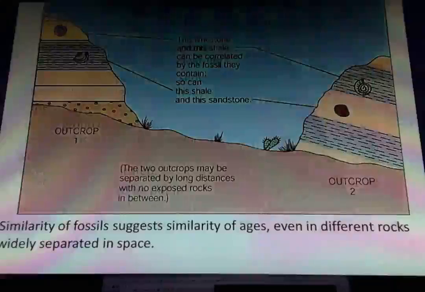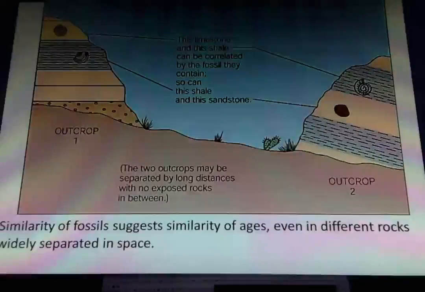But when we get a situation like this, where you can have two different outcrops sticking out of the ground, but they are very, very far apart, and there are no exposed rocks in between them. And people come along and they analyze the layers that are within this outcrop of rock. So the limestone and the shale can be correlated by the fossils they contain.